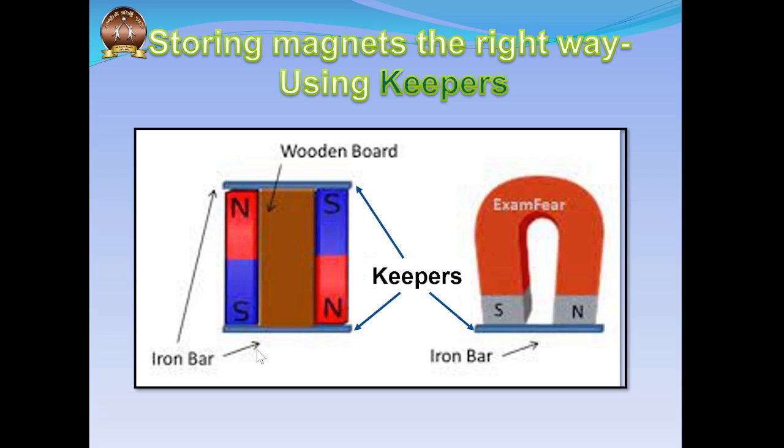So what are keepers? Keepers are iron bars or iron strips which are used to store magnets. If you're going to store bar magnets, you would require a pair of keepers, because there are two poles. But if you want to store a U magnet, you can simply use a single keeper just to protect the poles from losing their magnetic property.